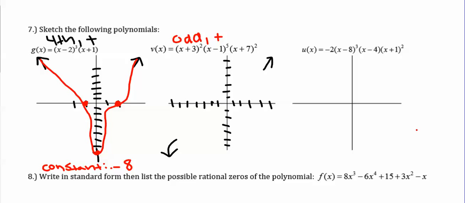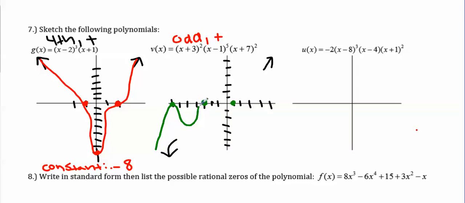All right, so let's see what is going on here. So there is a double root at negative 3. So I know that it is going to touch or bounce at negative 3. Then at positive 1, it is going to snake. And at negative 7, it is going to touch. So if I look at my end behaviors, I come up here, I'm going to touch at negative 7.